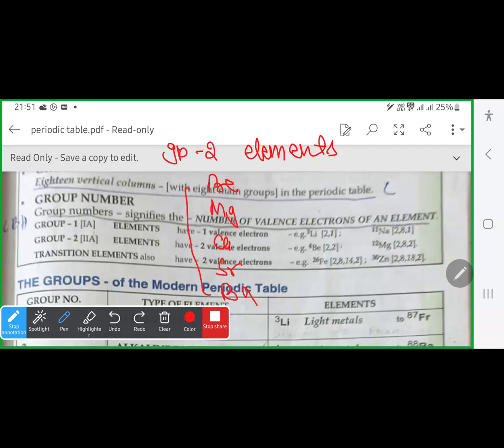These are also known as alkaline earth metals. Why? Beryllium, magnesium, calcium, strontium, and barium.